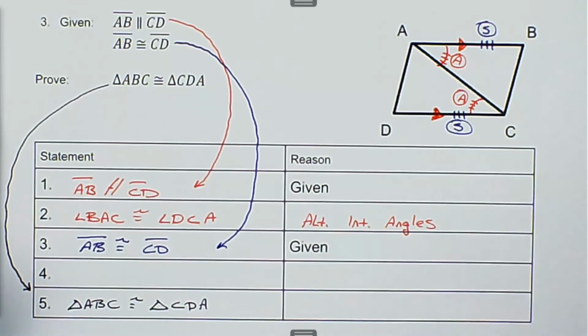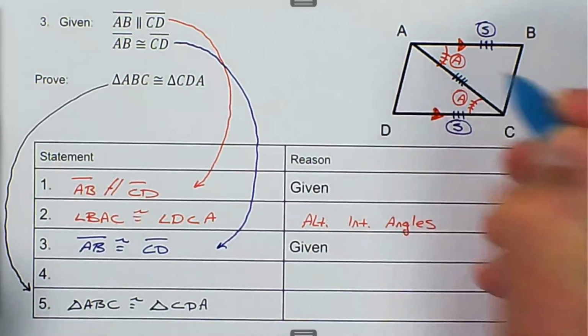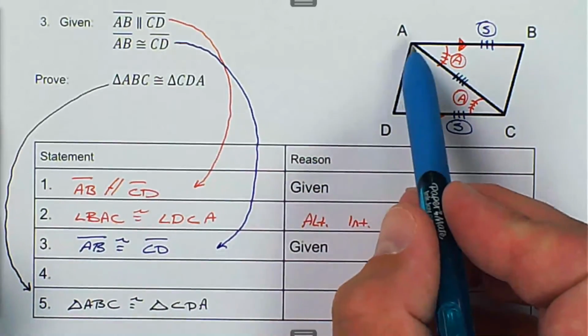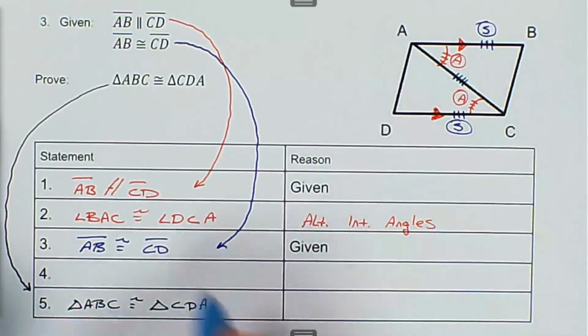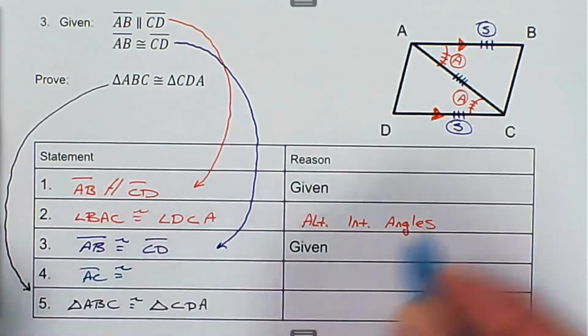So we got to come up with one more, either another angle or another side. And in this case, we have another side, which I'm going to mark with 4. 1, 2, 3, 4. So in triangle ABC, I'm just going to call this AC. So I'm going to call this line segment AC is congruent.